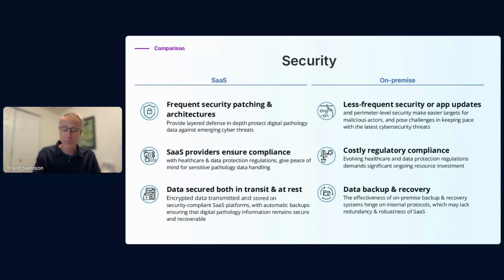Security, this is one we think about a lot right now because the AI-enabled security research and exploitation tools have become extremely effective. And so we all should be thinking about security in our daily and professional lives. And from a software as a service perspective, this means we stay up to date on patching, and all good software as a service vendors should be doing this.